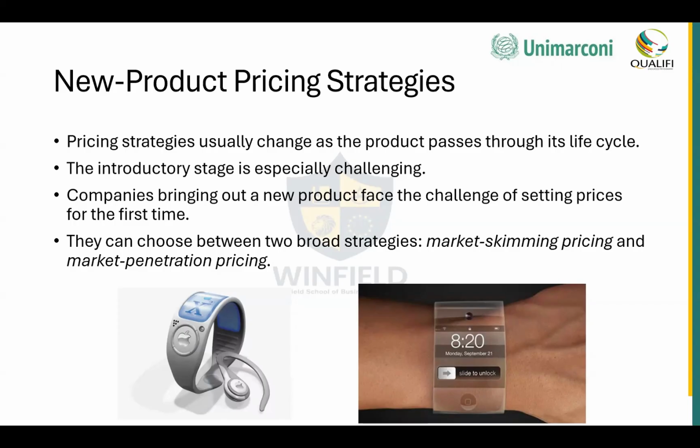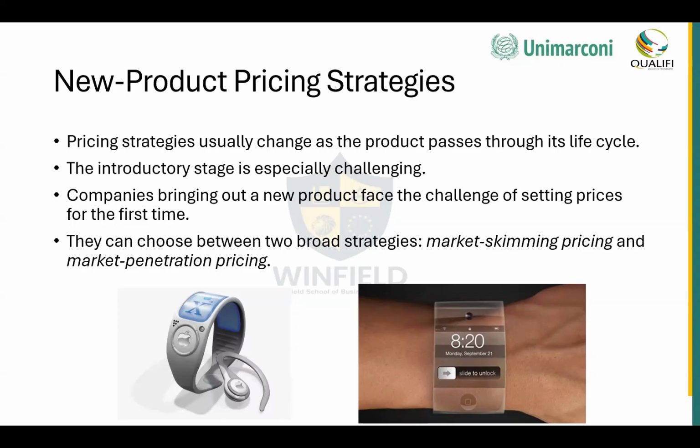What percentages you have of innovators and early adopters. Based on that, you can make decisions on whether you want a higher price at the time of introducing the product, or a strategic or competitive price.